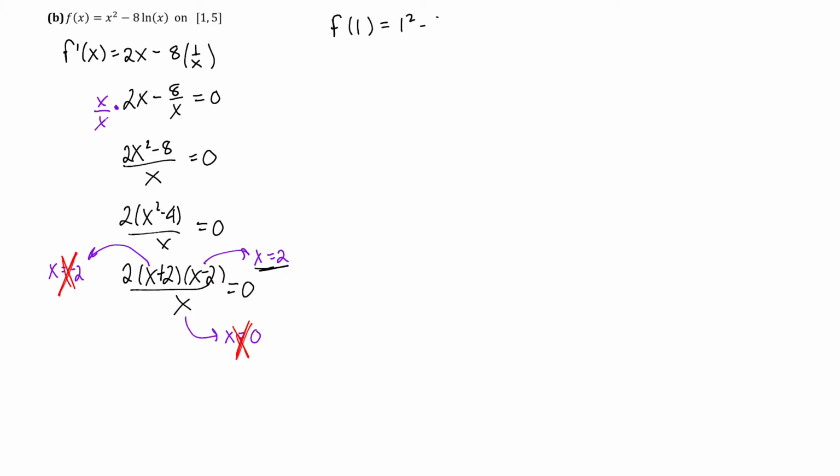So we have 1 squared minus 8 ln of 1. Ln of 1 is 0, so this just comes out to be 1. f of 2 will be 2 squared minus 8 ln of 2. If you plug this in your calculator, you should get, I think, negative 1.55.